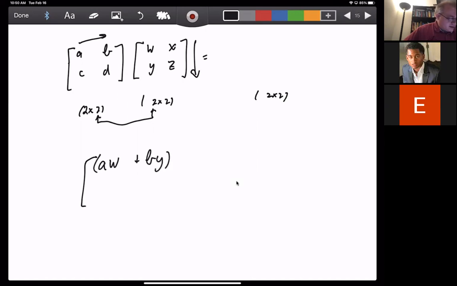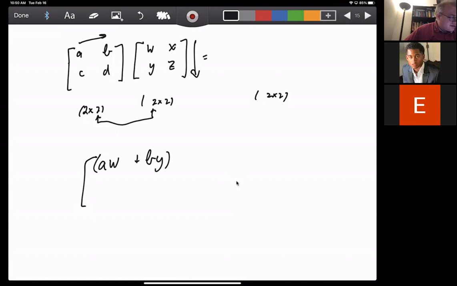How about the 1,2 entry in your product? Well, the first index is 1, so again you use the first row of the first matrix. The second index is 2, so you use the second column of your second matrix.